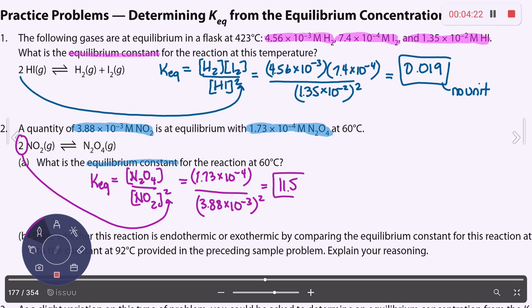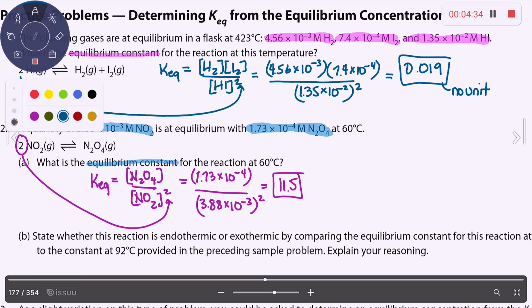Did you get 11.5? Yes? Okay. We're going to use this to answer 2B. 2B wants to know whether this reaction is endothermic or exothermic by comparing the equilibrium constant for the reaction at 92 degrees Celsius, which is in the sample problem that was done before these practice problems in the book, with it at 60 degrees Celsius in A, okay?